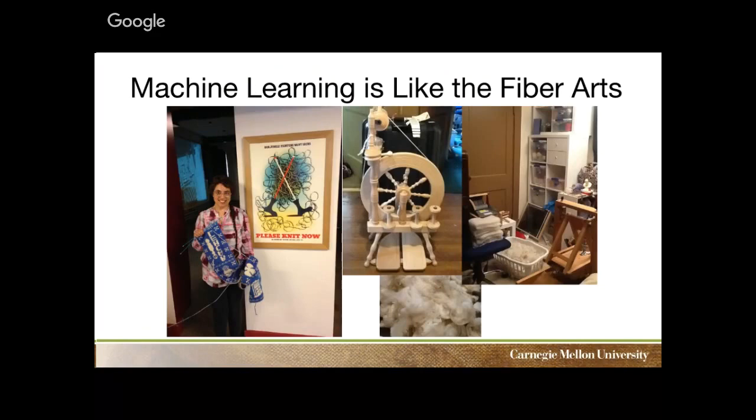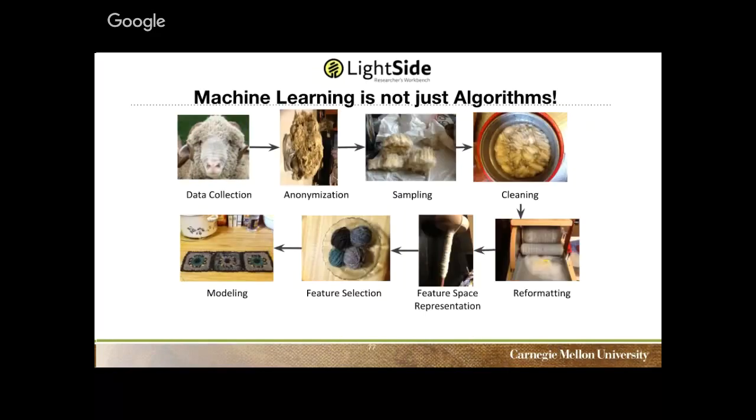I was going to make an analogy between machine learning and fiber arts. I have many hobbies in this space. And the one thing I will say about it is oftentimes we think of modeling in machine learning just in terms of the algorithms. But if you really think about what it takes to get from a sheep to a finished product, there are a lot of stages in between that actually have a huge influence on how nice the final product is.